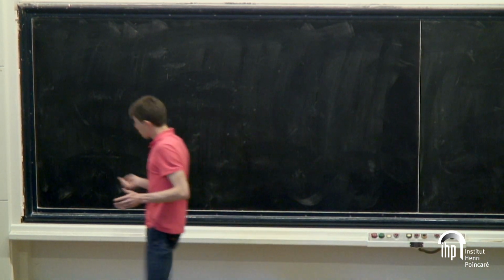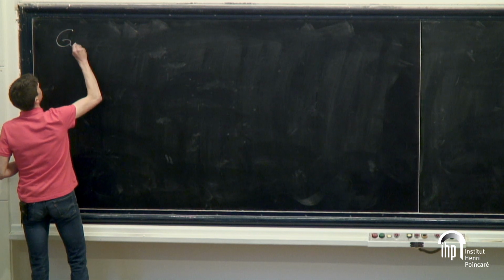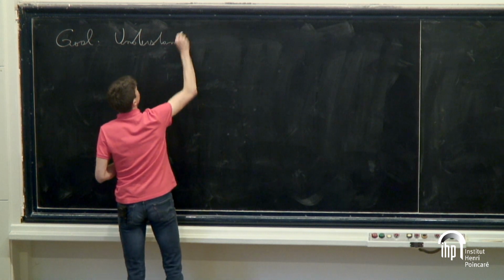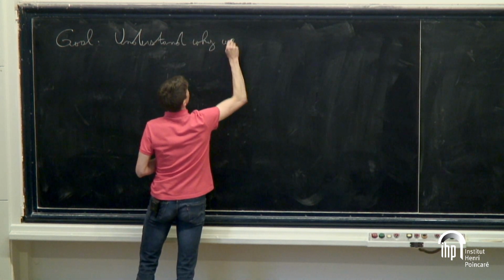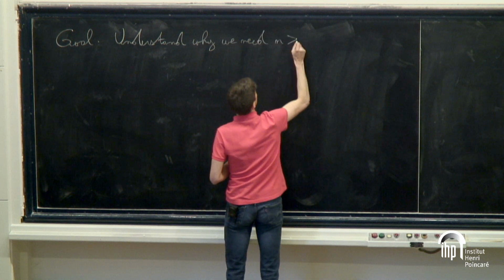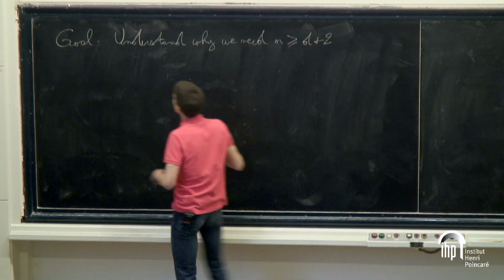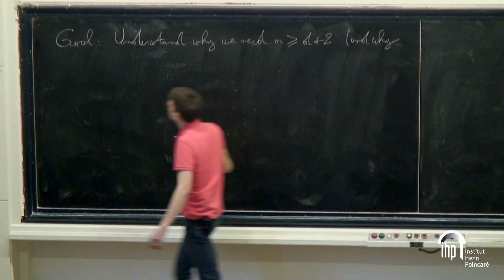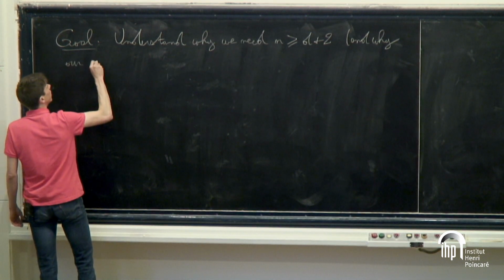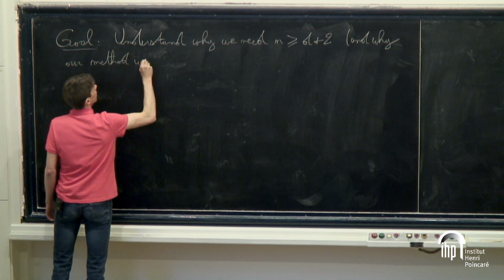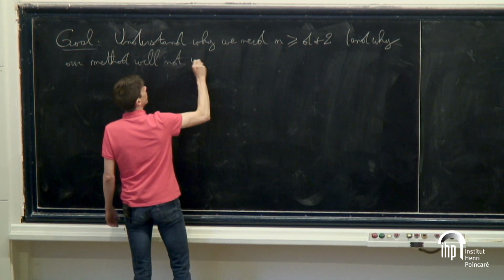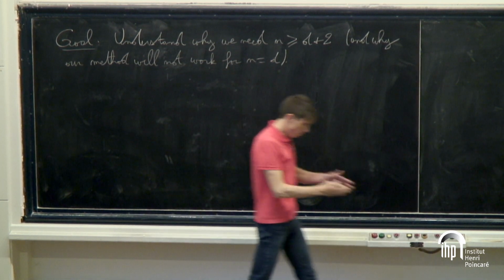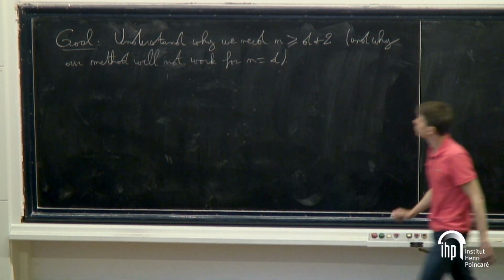My goal is to understand why we need n at least d plus 2, and maybe also why our method will not work for n equals d, which is the boundary case, so the hardest case.